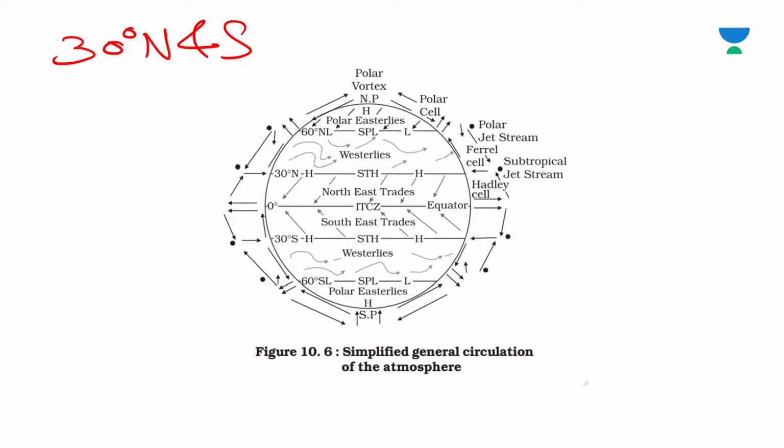So part of the accumulated air sinks to the ground and forms a subtropical high. Now another reason for sinking is the cooling of air when it reaches 30 degrees north and south latitudes.